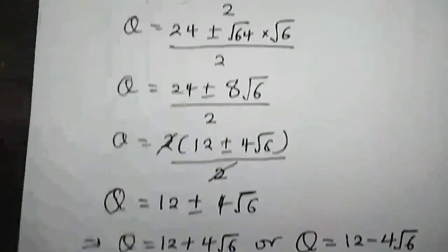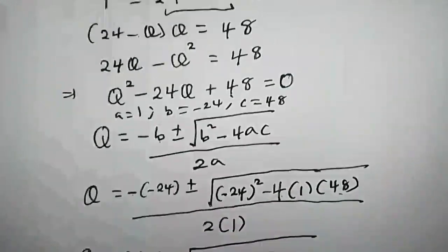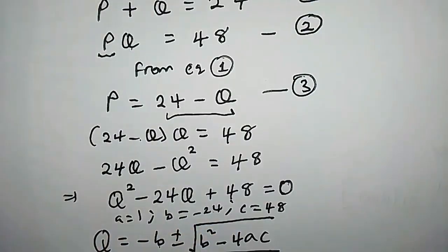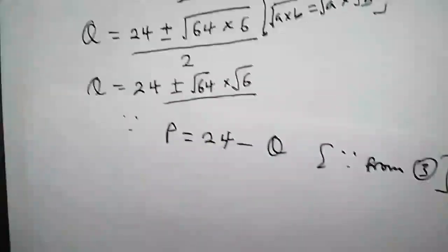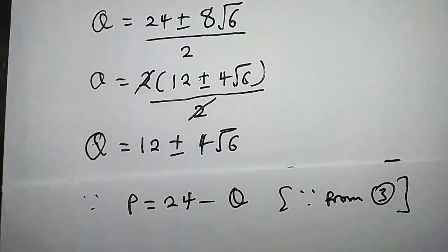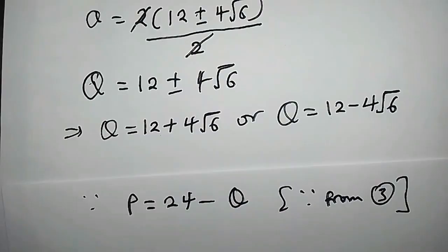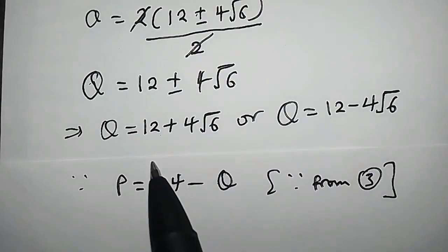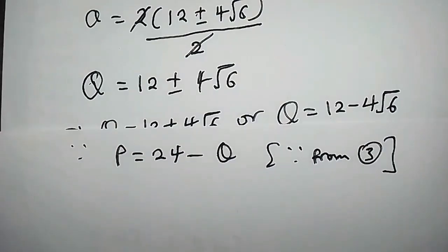Let me show you where we obtain it. This is equation 3, P is equal to 24 minus Q. So let's continue. We now consider each value of Q. We consider this one first.